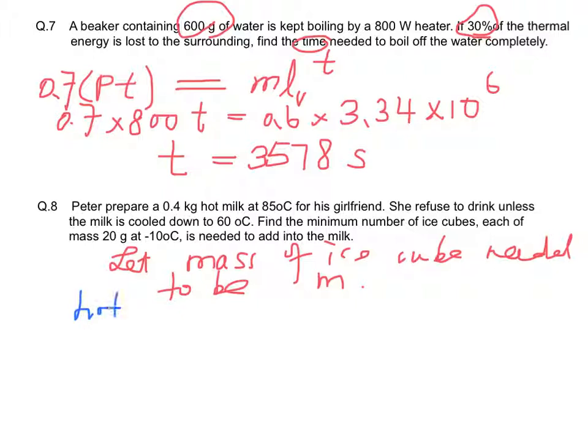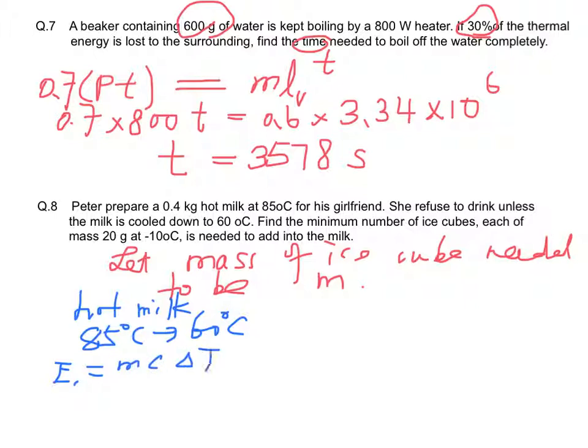For the hot milk, its temperature drops from 85 degrees Celsius to 60 degrees Celsius. The energy released would be E1 equal to mc delta T, which is equal to 0.4 times 4200 times (85 minus 60).